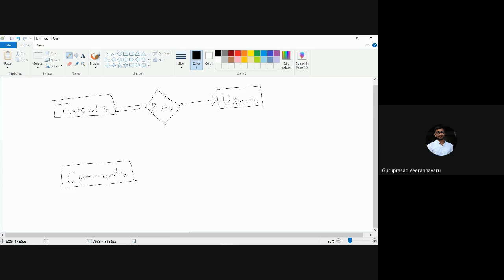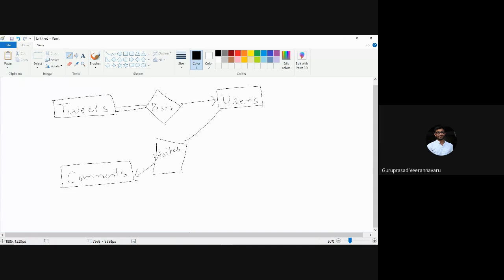Then similarly for comments, who will do a comment? User comments. User writes, let's say, not comments. We call it writes. User writes comments. And comments are written on what?